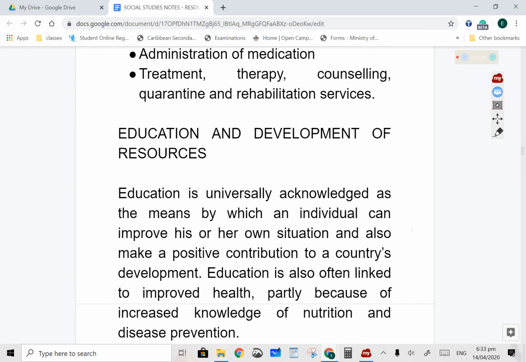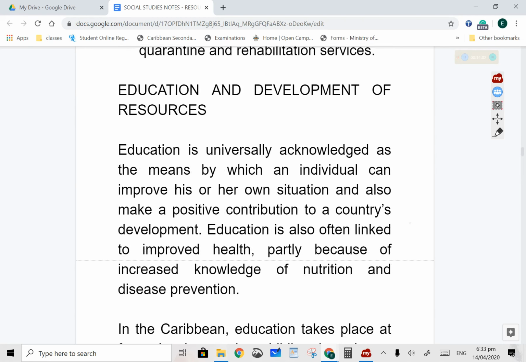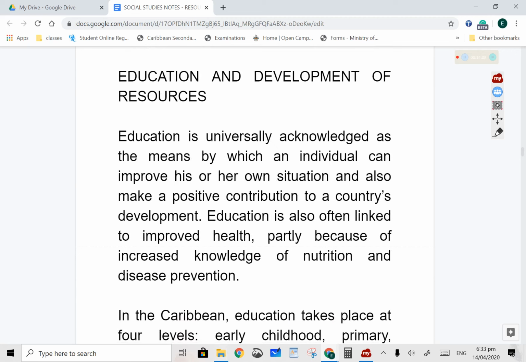Education and development of resources. Now, again, previously we said the two most important things to develop human resources is one, healthcare, which we just spoke about, which is primary and secondary healthcare. And then the second thing to develop human resources, education.